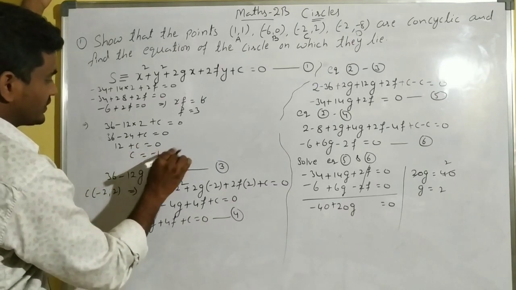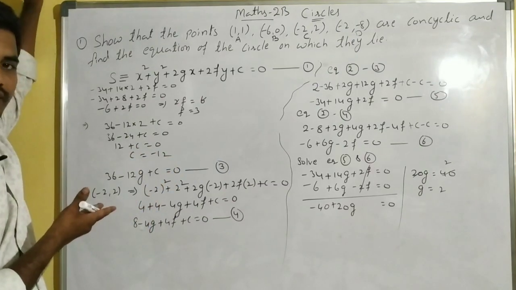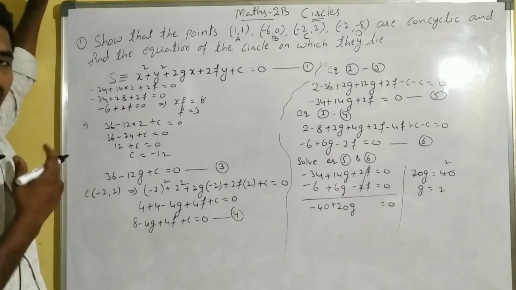Finally c equals minus 12. Here the c value also we got. g, c, f, all values we got.